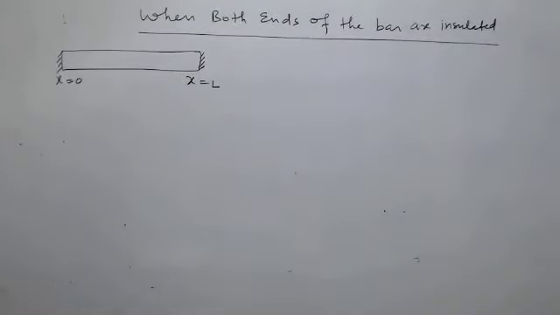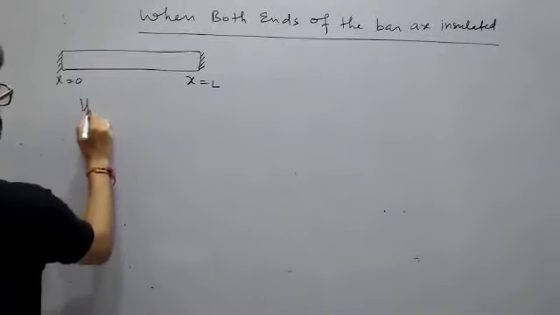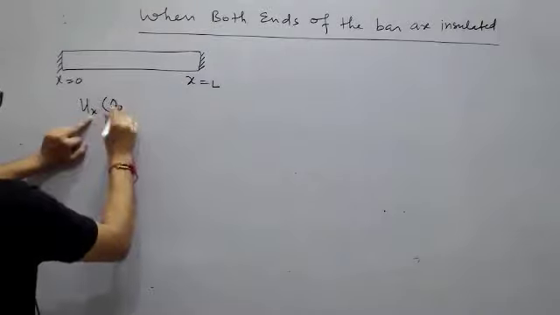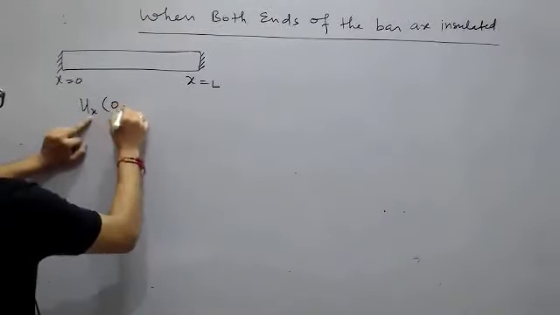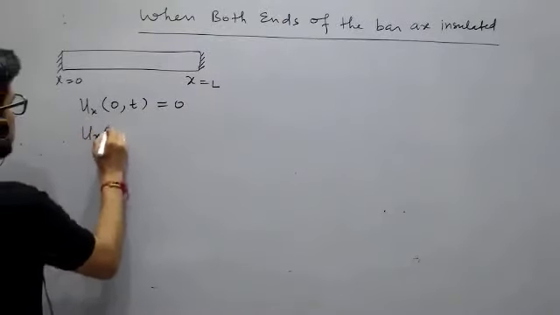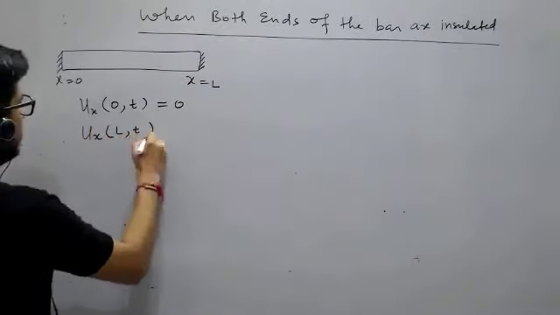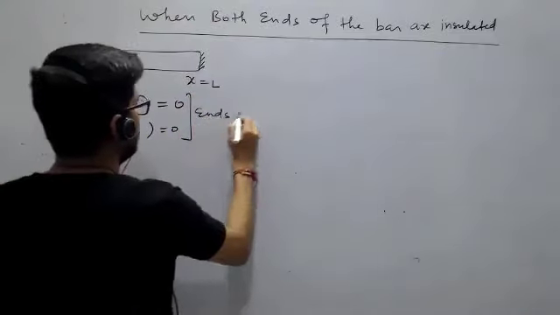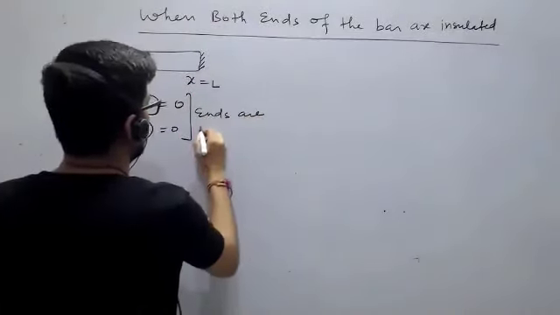Just the boundary condition will change, that u_x at 0 comma t will be 0, and u_x at L comma t is equal to 0. This is the result of the ends being insulated.